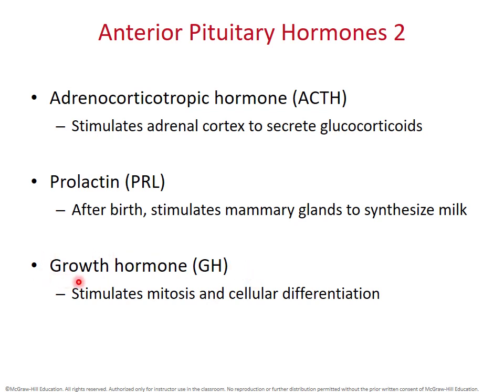But to make a long story short, we'll just say that the growth hormone stimulates mitosis and cell differentiation. It also stimulates metabolic activity, just generally has a stimulatory effect on the metabolic behavior of cells and promotes mitosis and therefore growth and repair of tissues and so on. And so that's growth hormone.